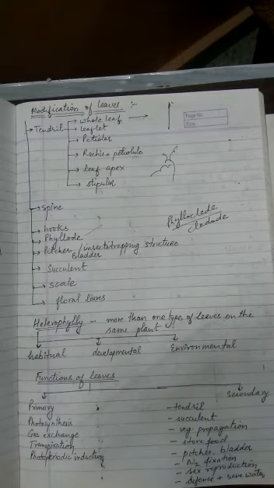And the good point is what? Petiole and midrib do not carry stomata. So if there is no stomata or minimum stomata, because minimum lamina is left, so loss of water will be reduced, but photosynthesis will continue.